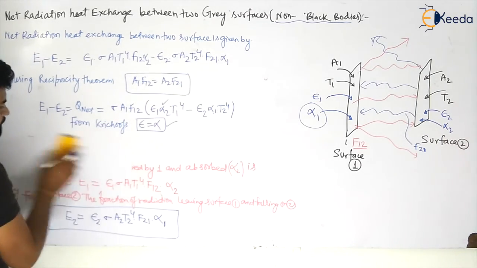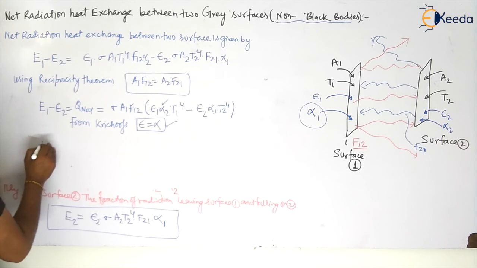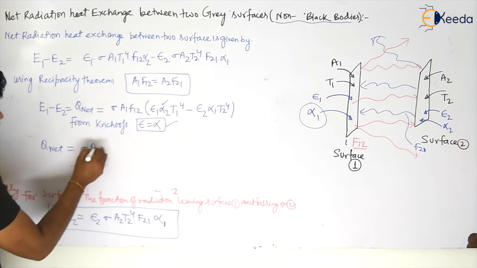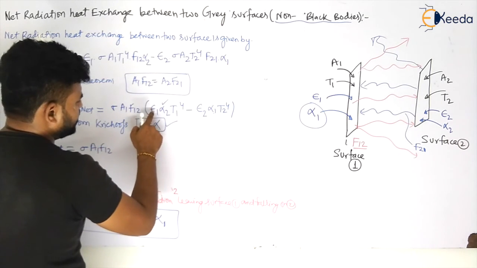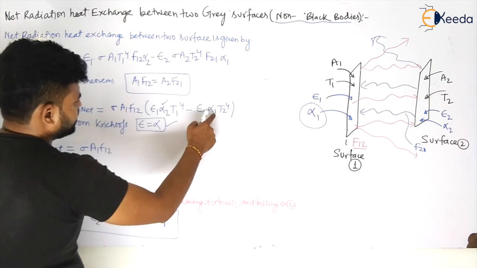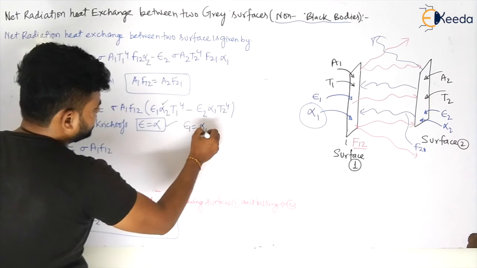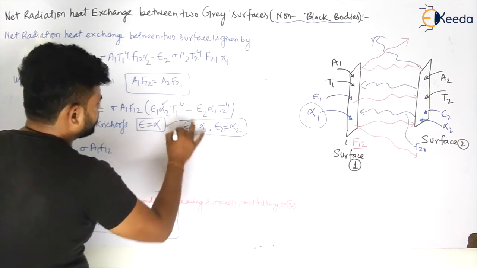So let us take it. This will be that is Q net is equal to sigma A1 F12 and E will be equal to alpha. So epsilon 1 will be equal to what? Alpha 1, and epsilon 2 will be equal to what? Alpha 2. That is epsilon 1 is equal to alpha 1, epsilon 2 is equal to alpha 2, my dear students.